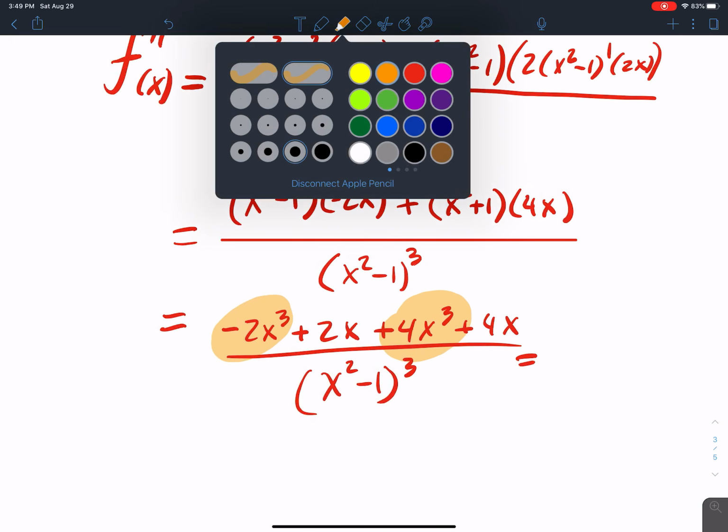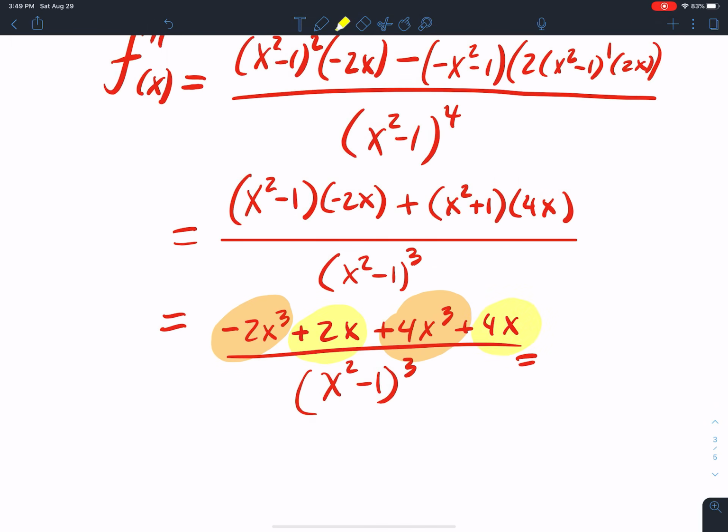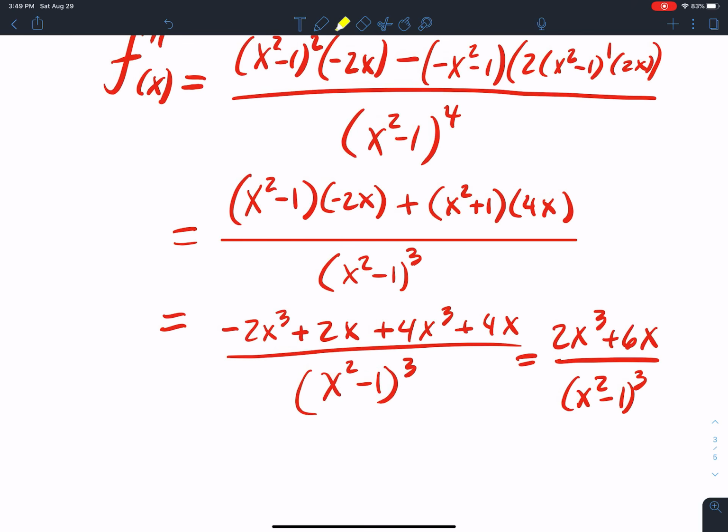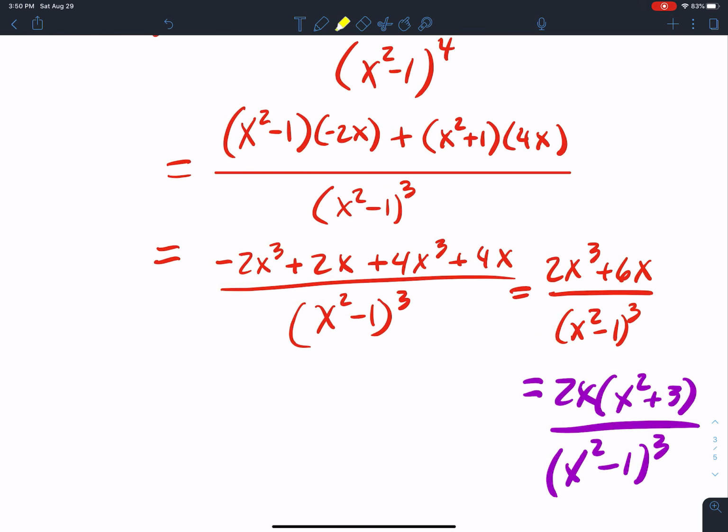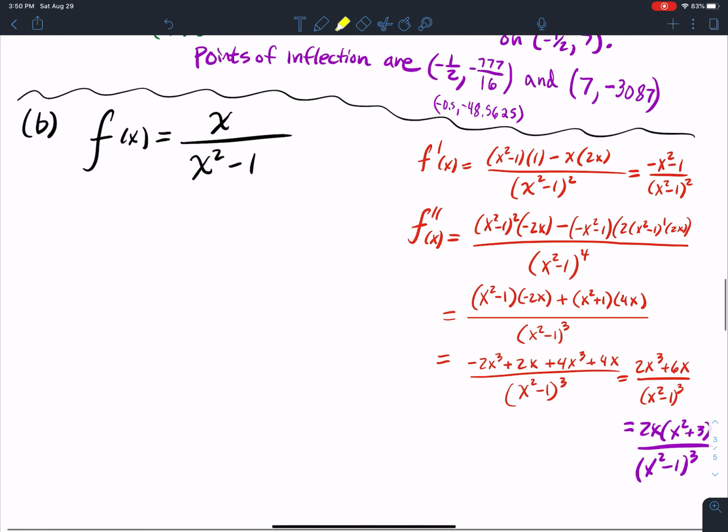These combine and these combine so that I get 2x cubed plus 6x over x squared minus 1 quantity cubed. And I'm going to factor the numerator. When I factor the numerator, I pull out a 2x and I have x squared plus 3 inside. So kind of complicated, but work your way through, make sure you can calculate that second derivative.